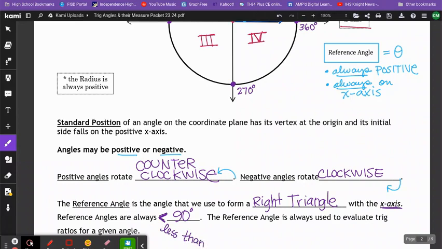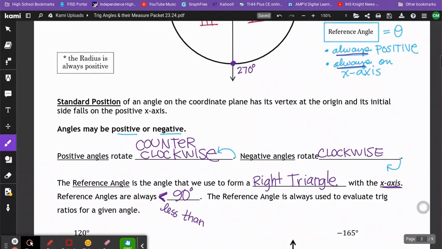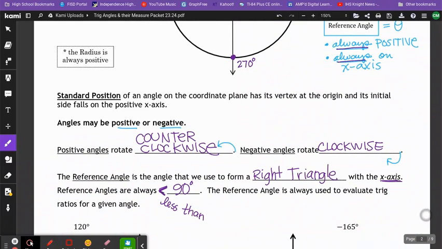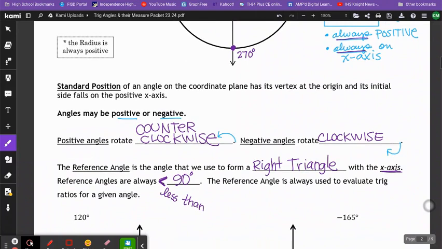So that would mean they're always acute angles. They always touch the x-axis. They're always a positive degree measure. And these are the angles that we use to do our trig functions with. Lots of things to remember about the reference angle.